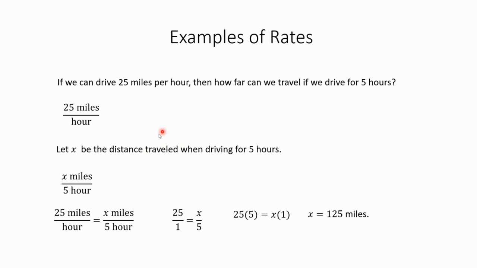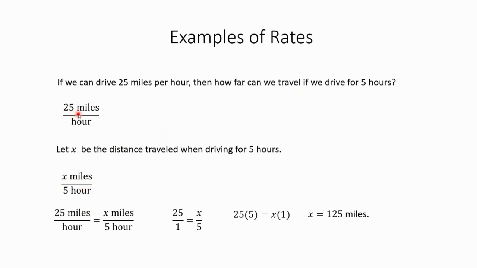Okay. So again, to make this more mathematical, I'm using a variable. So I'm going to call it x to be that unknown distance. And then we can make another rate, another ratio. How far we drive if we're traveling for 5 hours divided by 5 hours. So this is another ratio.